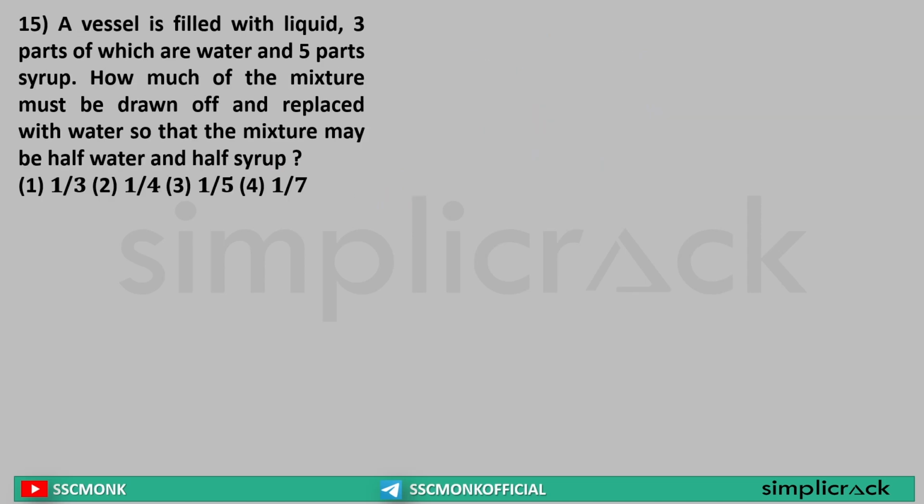Next, one more question. A vessel is filled with liquid, 3 parts of which are water and 5 parts of syrup. Yes or no? So water 3 part, syrup 5 part, total part 8. How much of the mixture must be drawn off and replaced by water so that the mixture may have half water and half syrup? That means water to syrup has now become 1:1.